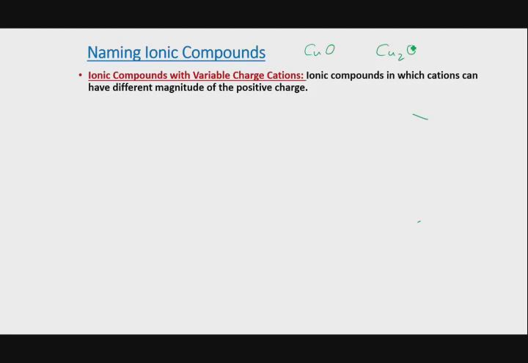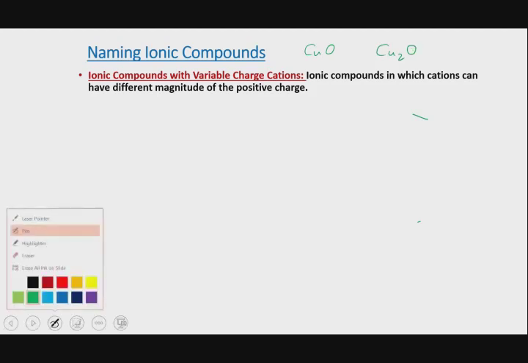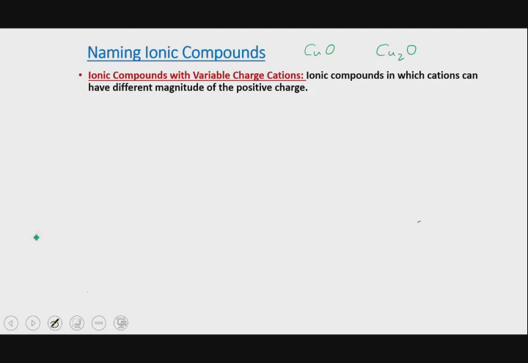From a previous session, you might remember that alkali metals, alkaline earth metals, aluminum, gallium, zinc, cadmium, and silver are the only metals in the periodic table that make cations with a fixed magnitude of the positive charge. You need to know what those charges would be. But all the metals except for those will make variable charge cations.